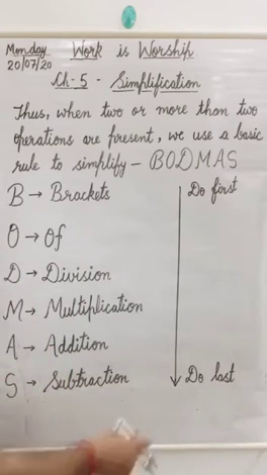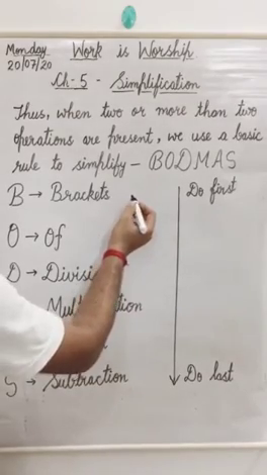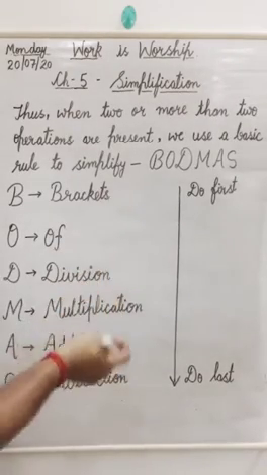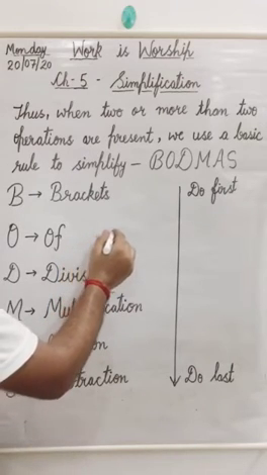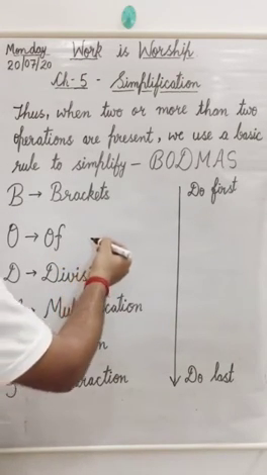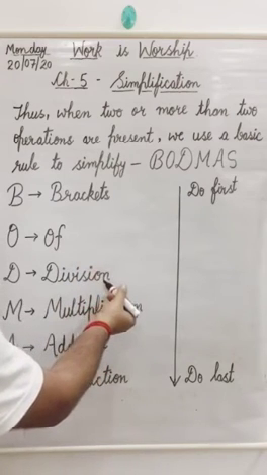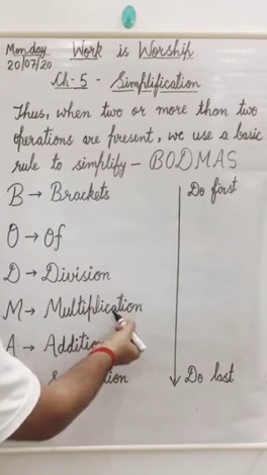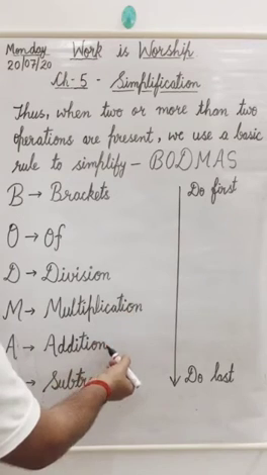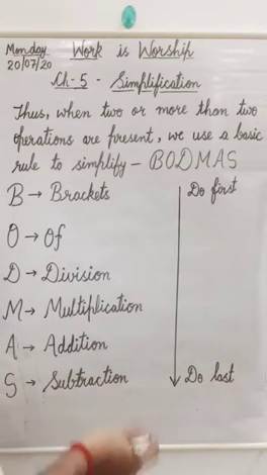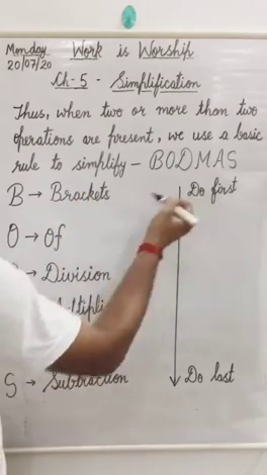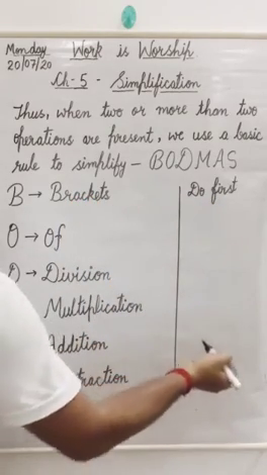Always remember, we will firstly solve all the operations within the brackets. After solving the brackets, we will multiply the two numbers containing "of". Okay. After solving the "of", we will solve the division. After the division, we will solve multiplication. After multiplication, we will solve addition. After addition, we will solve subtraction. Okay. It means brackets do first and subtraction do last.